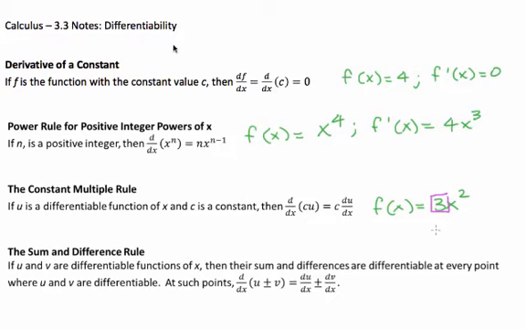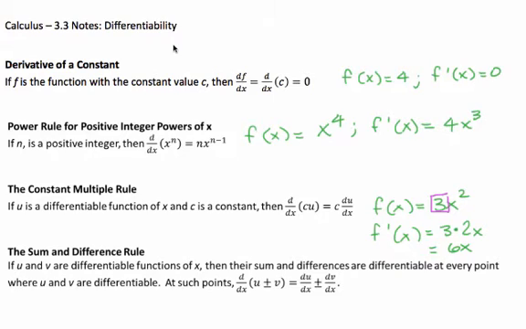So we would just take the 3 times the derivative of x squared. Well, what does that look like? That's a great question. So this would be f prime of x equals 3 times 2x. That 2x is just like what we did a second ago. So what is this really? 6x. Okay? So all we're going to do is take that exponent now and multiply it with the constant in front. Oh, this is so much easier.